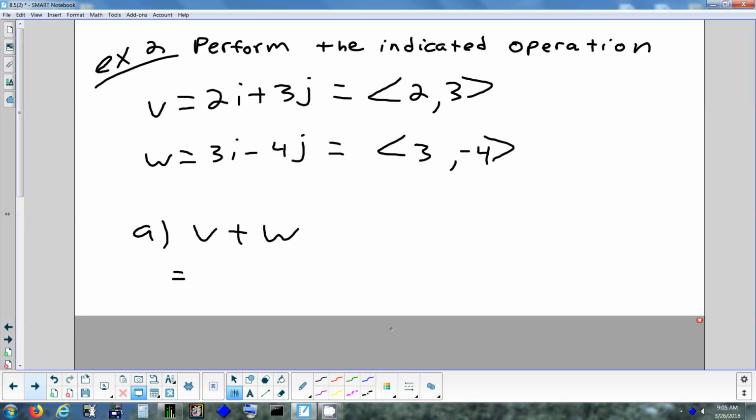So Shauna, when I add V and W, can you tell me what the i component, or the horizontal component, would be? So like actually add them. 5i. Yep, so the horizontal is 5i. And I should probably get away from saying horizontal, because when you get in 3D, we just call it the x-axis component.